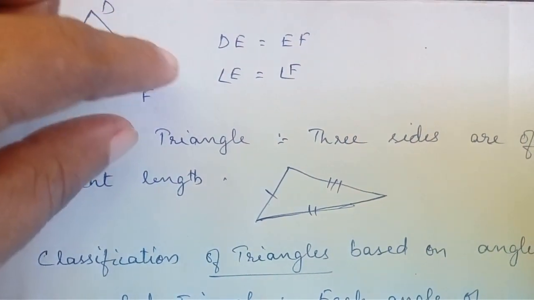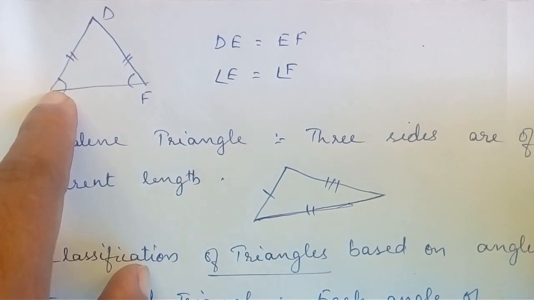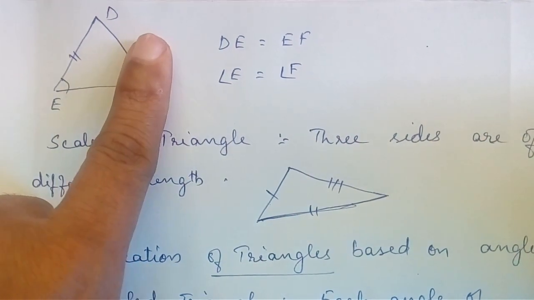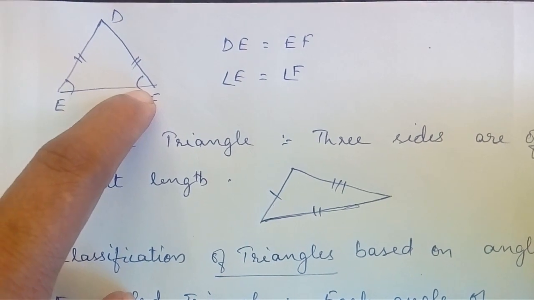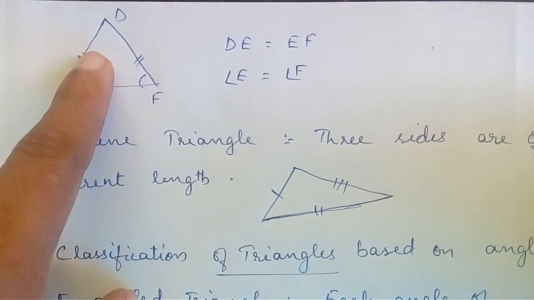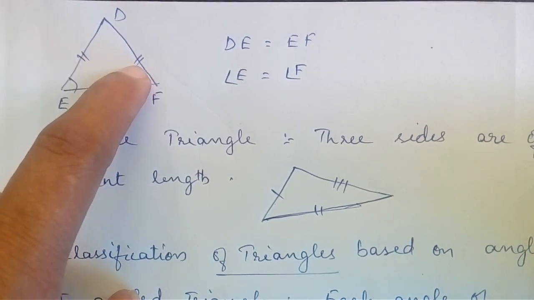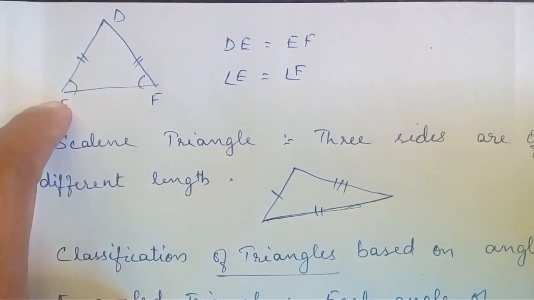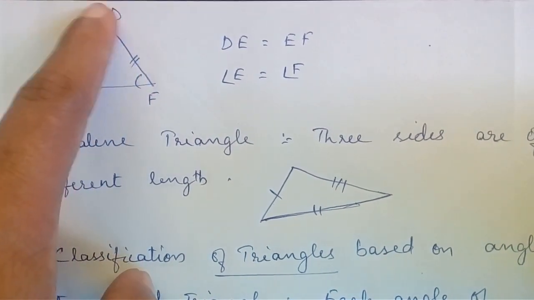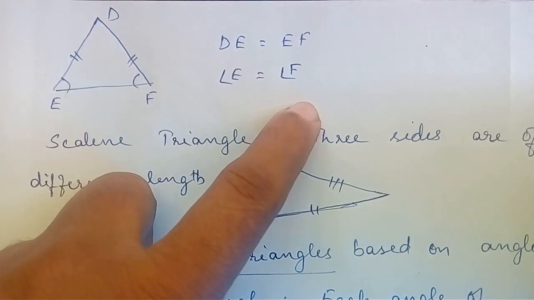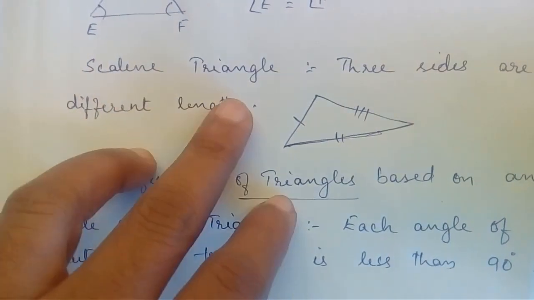Similarly, we can say F formed by joining DF and FE. And the side which is not included in the angle is DE. So DE is the side opposite to angle F. And see, in isosceles triangle, we took these two sides are equal, DE and DF. So the angles opposite to equal sides, E opposite to the side DF and F opposite to the side DE, they are equal. Angle E is equal to angle F. And next one, scalene triangle.